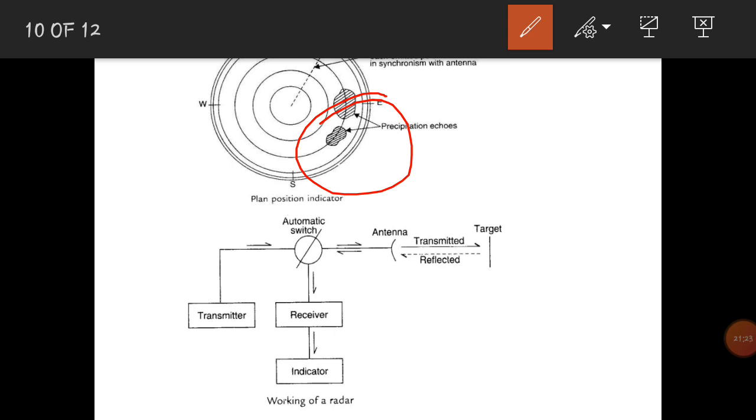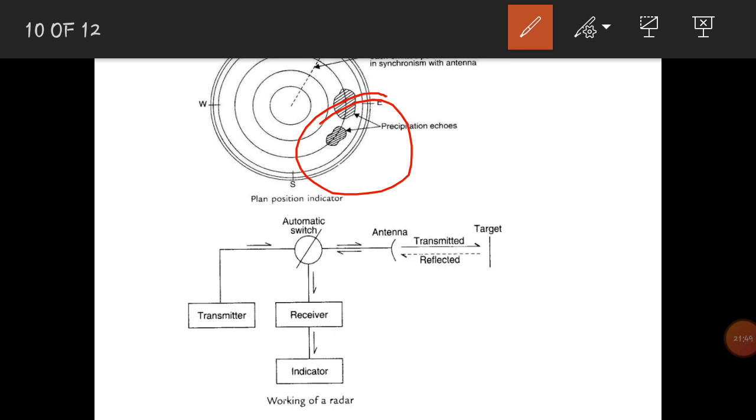Potential serious sources of measurement errors not associated with the hardware are beam blockage by obstacles close to the radar site, anomalous propagation of the radar beam, the buildup of precipitation films on the radome, and attenuation by precipitation clouds.